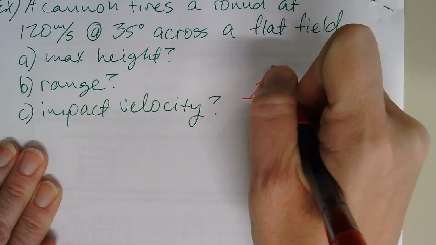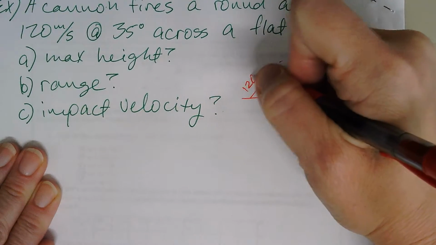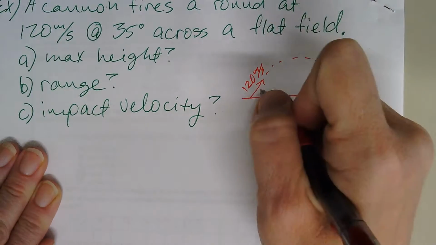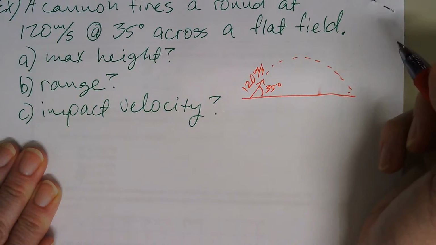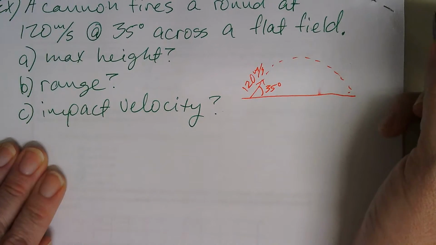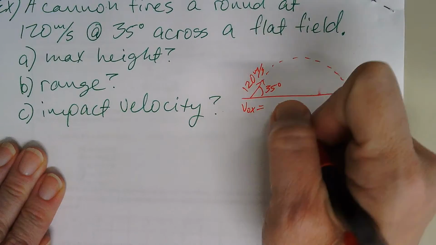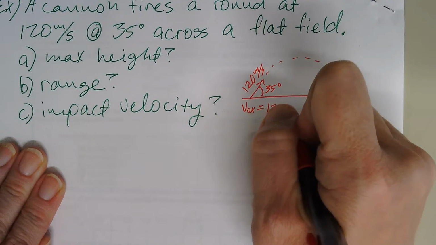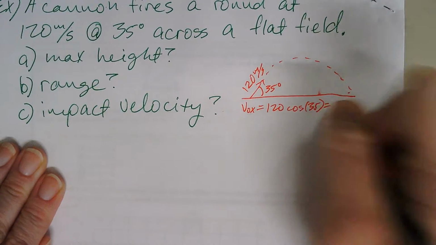And here's your V initial, and it's going to go across the field. So your V initial is 120 meters per second, and your angle theta is 35 degrees, okay? So that's what we know. Now, I can find my V naught in the X. It's just going to be 120 cosine 35.